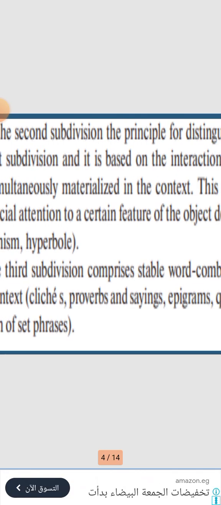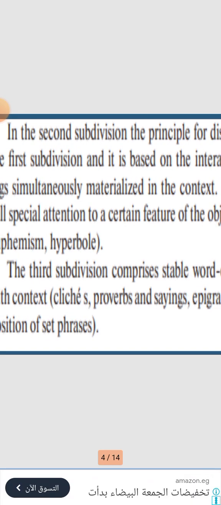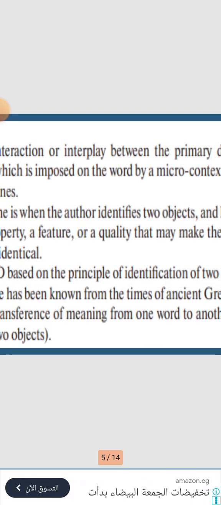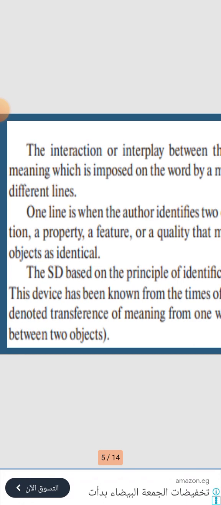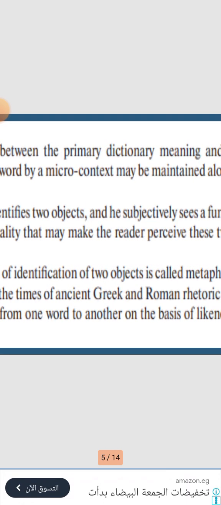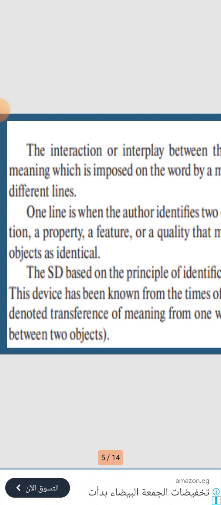In the second subdivision, the principles of distinguishing, this is repeated. The interaction or interplay between the primary dictionary meaning and the meaning imposed on the word by a micro context may be maintained along different lines.